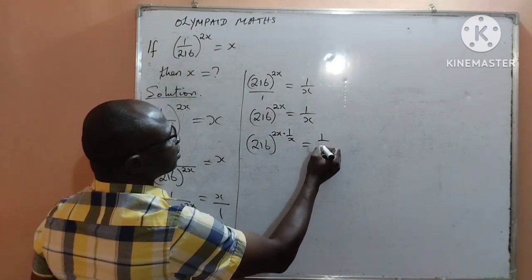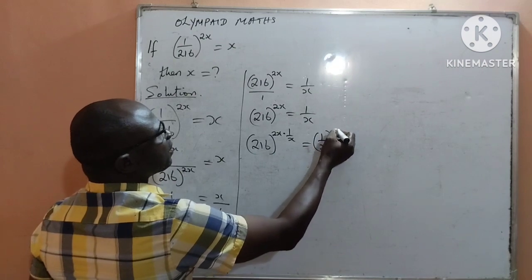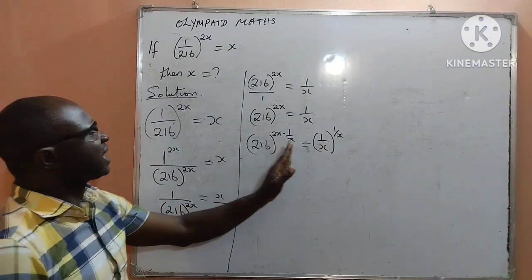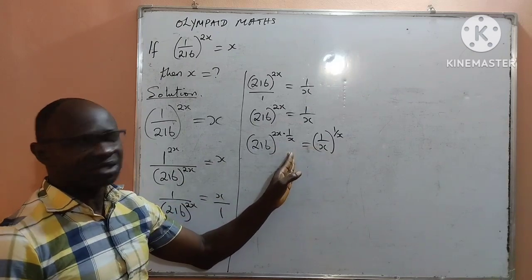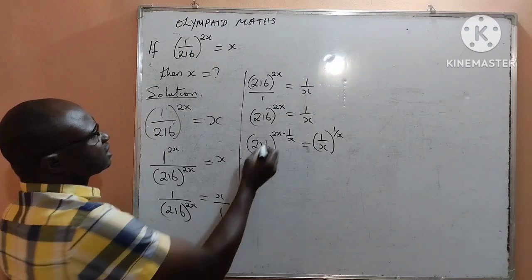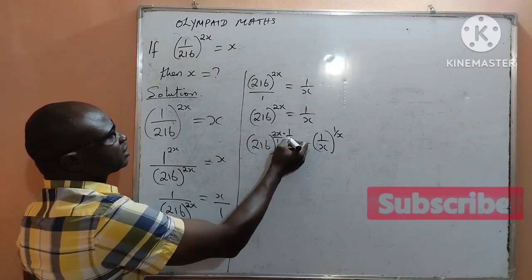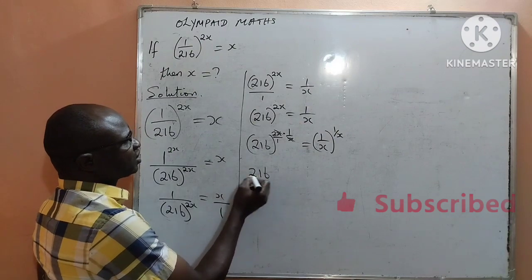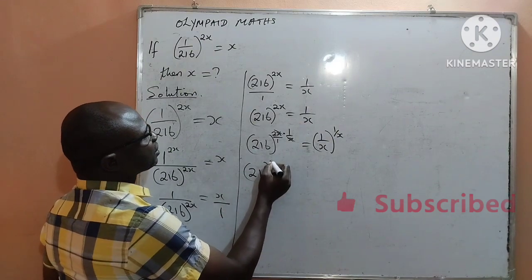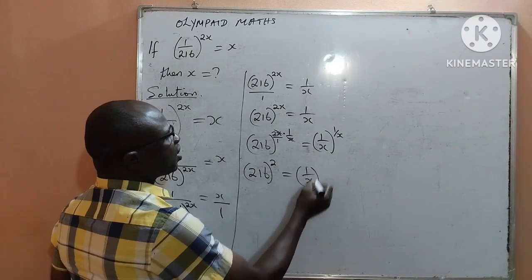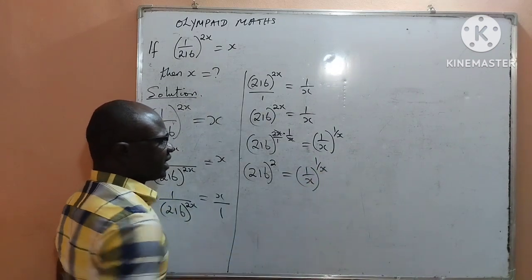I have multiplied the exponents by 1 over x, so x can cancel out x. That gives me 216^2 equal to (1/x)^(1/x).